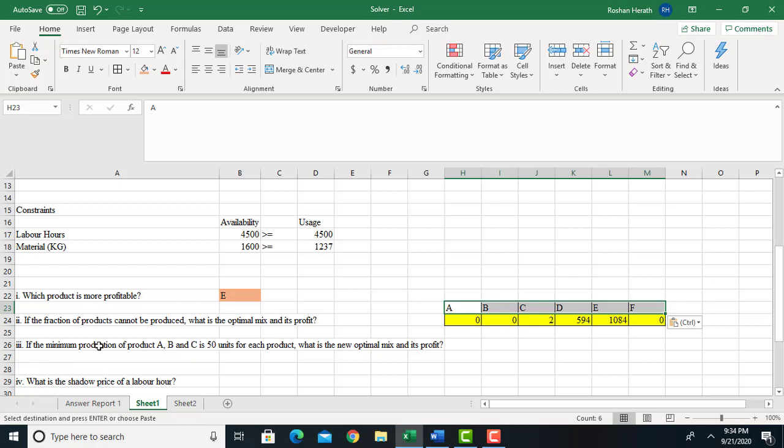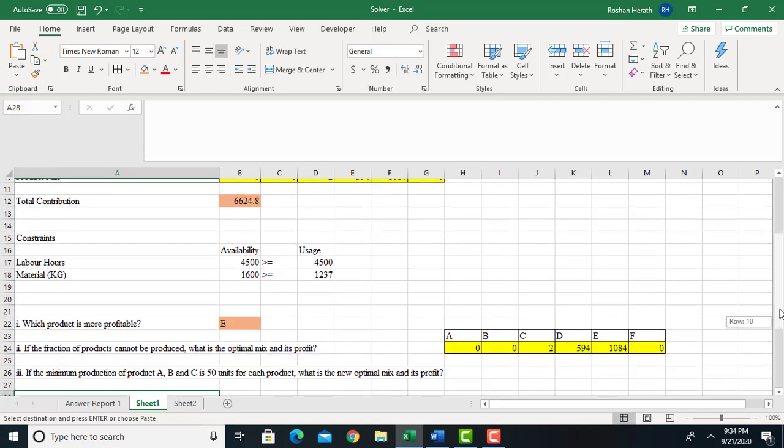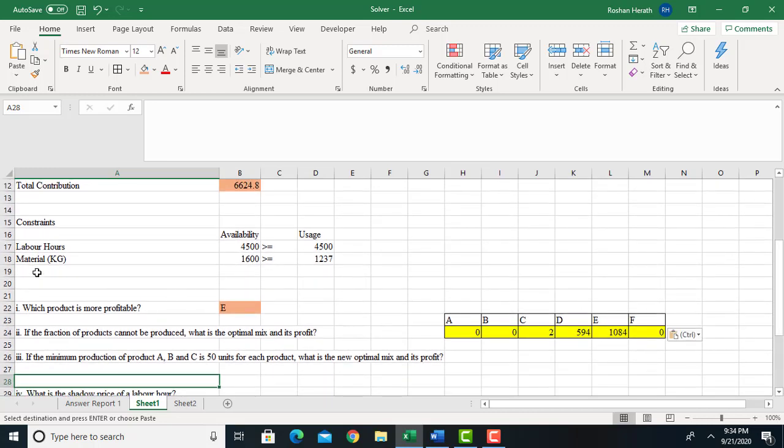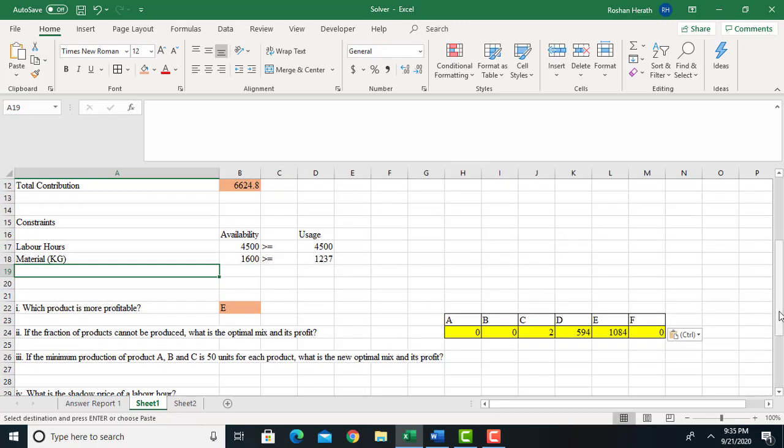Then it asks the third one: if the minimum production of products A, B, and C is 50 units for each product, what is the new optimum mix and its profit? So it suggests another kind of constraint. Let us add that particular constraint as well, and then we see. It is the minimum demand, or minimum production, I would say.